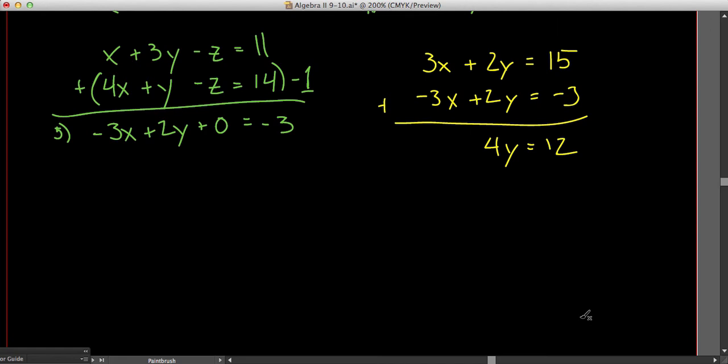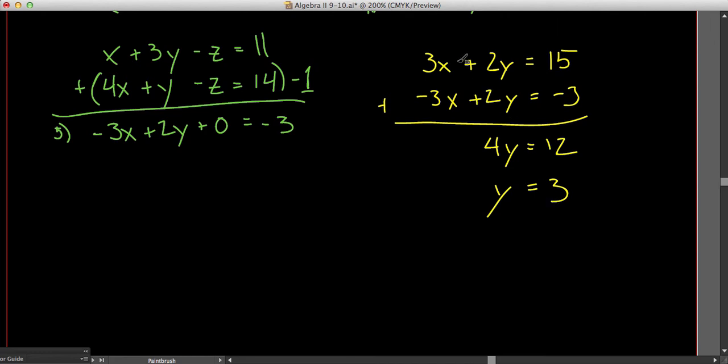So solving for y here, we divide by 4 on both sides, and we're left with y equals 3. So there we go. We have an expression for y, and the next step is to go back and substitute this value for y into another equation to try to figure out one of our other variables. Now, the best way to do this is to plug it into another equation that only has one other variable in it.